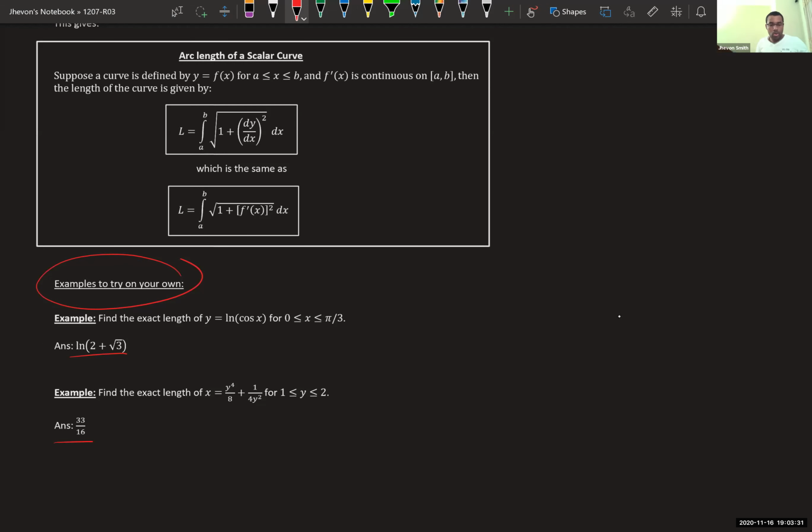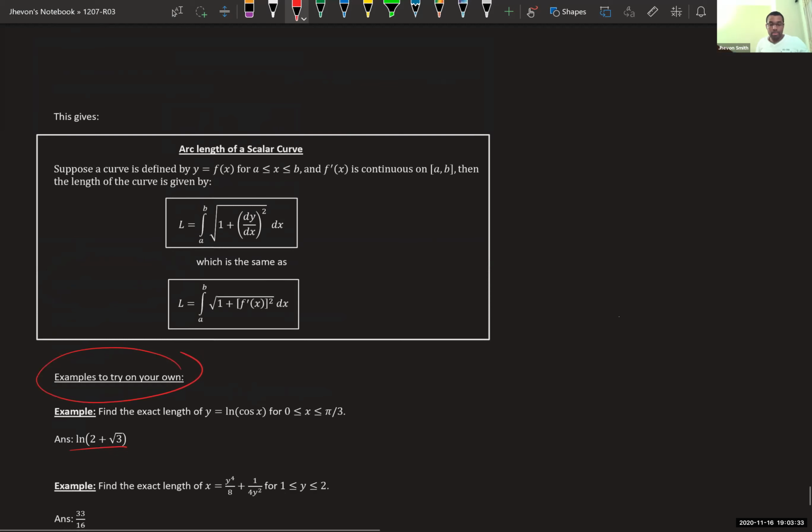But for now, what I'm going to do is I'm going to actually derive this formula. So you might not have a parametric curve, but you might be interested in arc length of a scalar curve. And that sort of idea is actually super important in multi 1 and multi 2, because you're going to derive things about surface area and derive things about normal vectors using a formula like this.